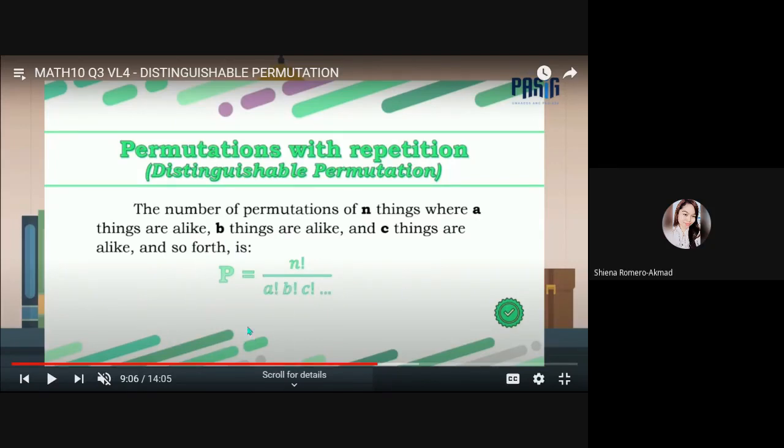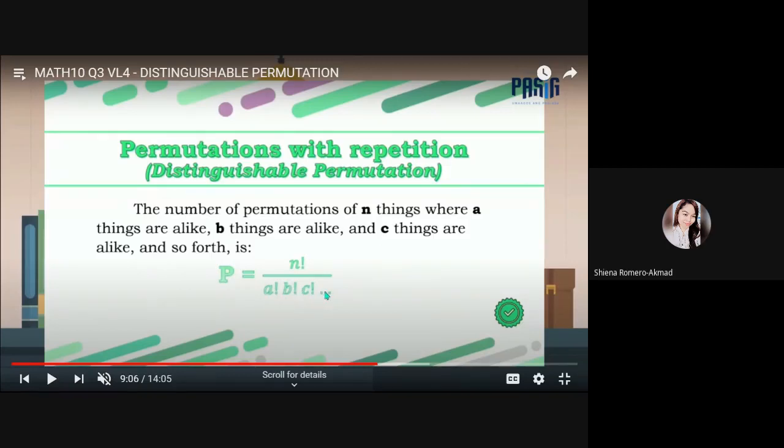objects or elements. So you need to remember that when there are things that are alike in the given situation, you have to use this formula, which is permutation equals n factorial, where n is the total number of objects, divided by a factorial times b factorial times c factorial, and so on.